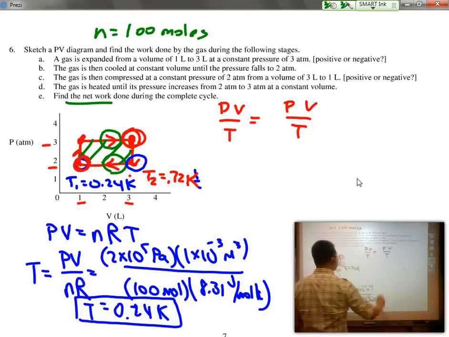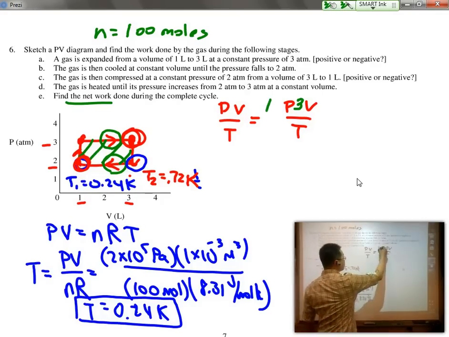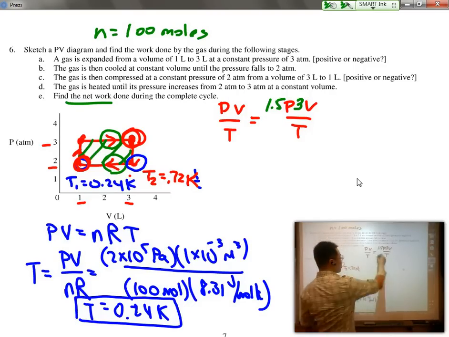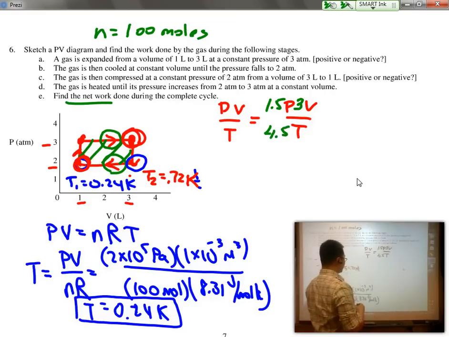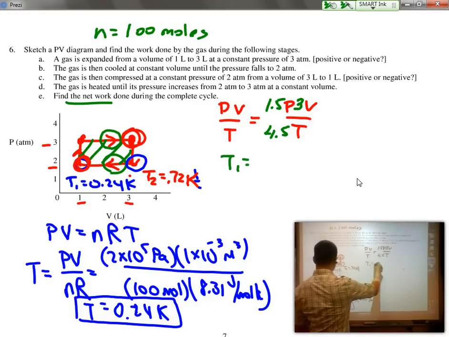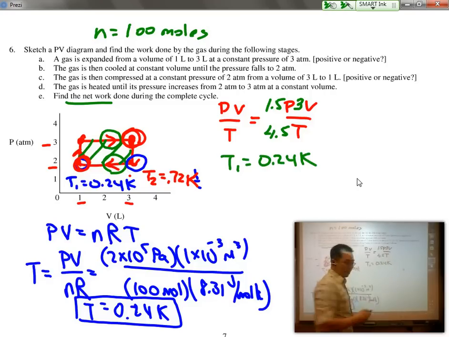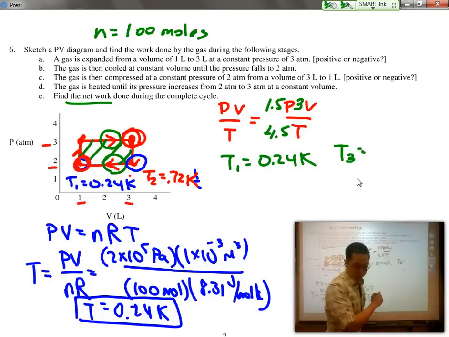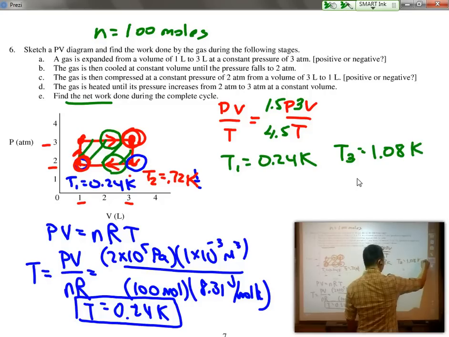As I said before, the volume has tripled. The pressure has increased by 1.5. So if I want to cancel out all those multipliers, the temperature must change by something that will cancel it out. So the temperature must have increased by 4.5 times. The original temperature T1 was 0.24 Kelvin, so my new temperature at that third location would be 1.08 Kelvin.